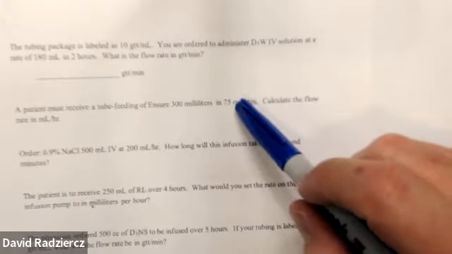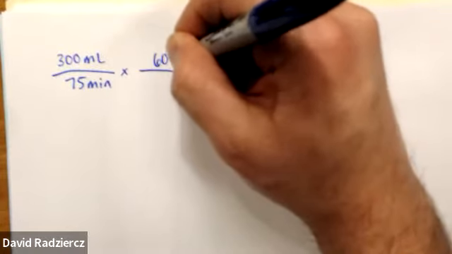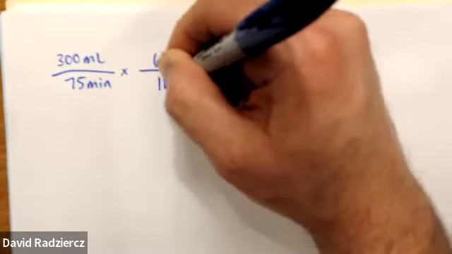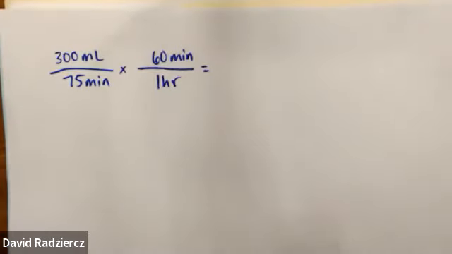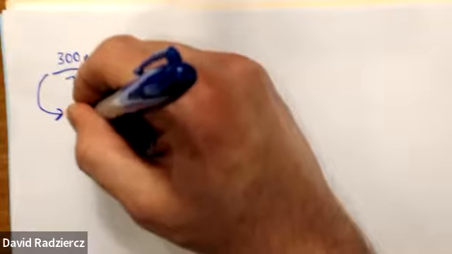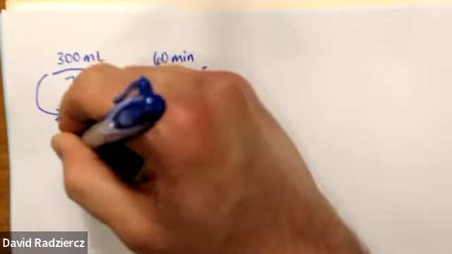However, if your mind doesn't think in those terms, there's another way to answer this question and others like it. And that is to take the volume over the time and then just convert minutes to hours. And I said the alternative is you could do 300 milliliters over 1.25 hours if you instinctively know that.